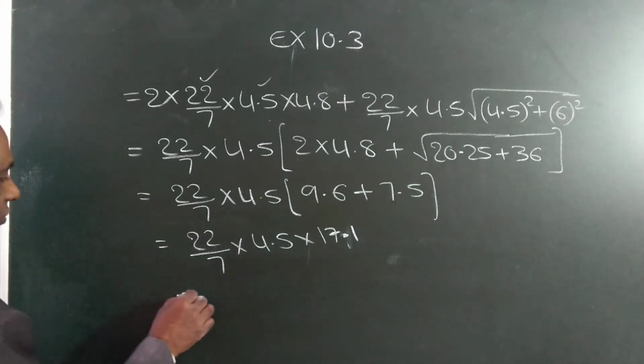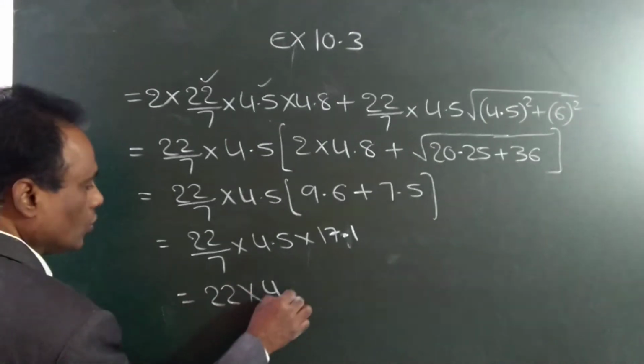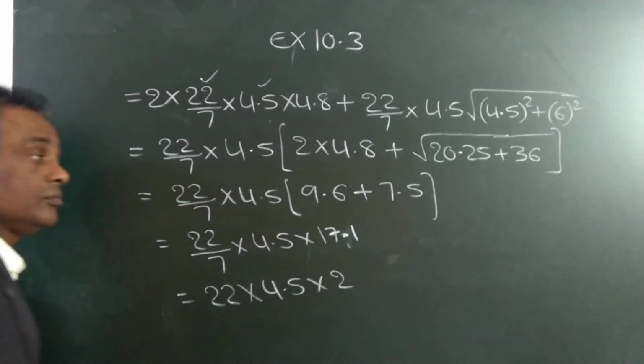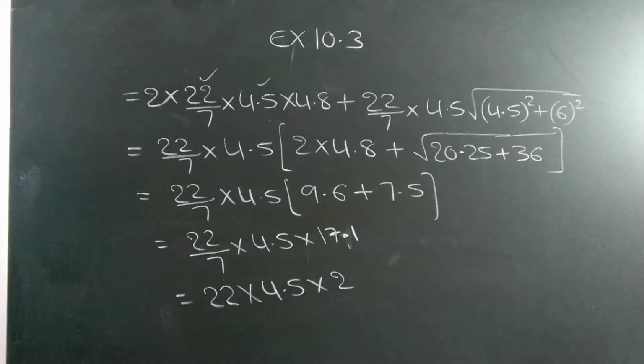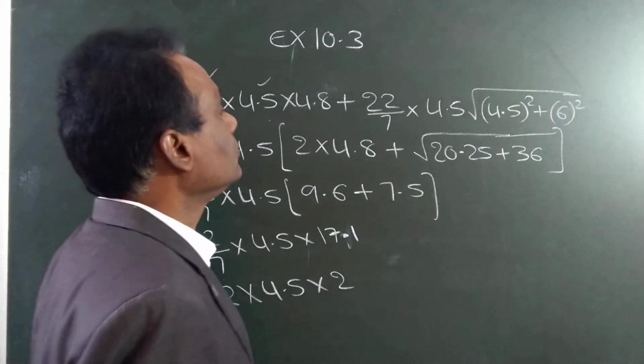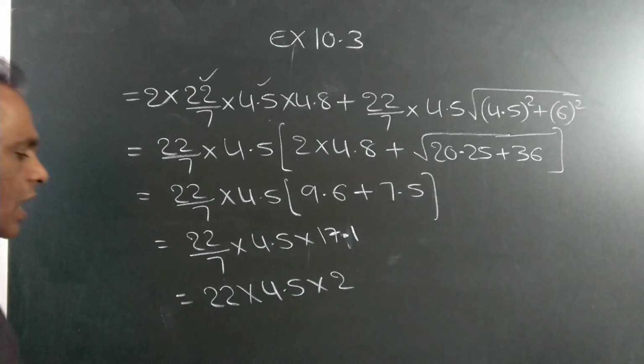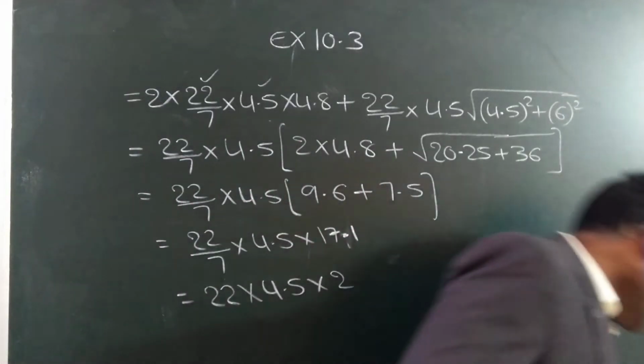Students, simplify this. 22 into 4.5 into 7 2s are 14. Or you first multiply and divide by 7, that's all.